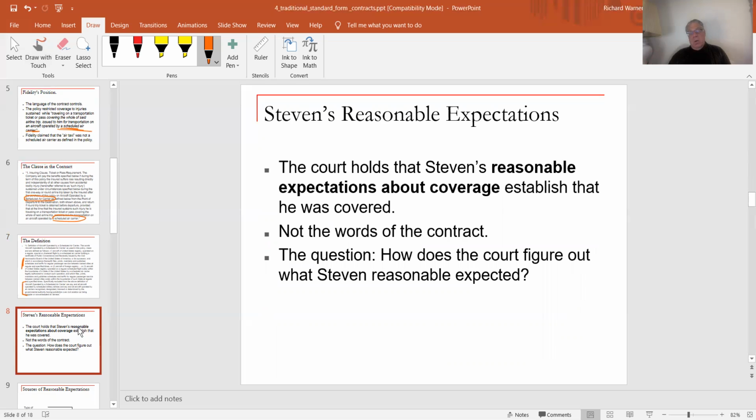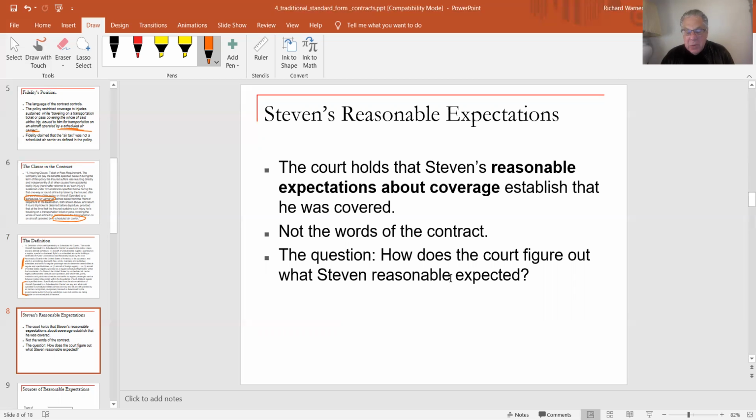The court holds that Stevens' reasonable expectations about coverage established that he was covered, not the words of the contract, not the words we just read. The question is, how does the court figure out what Stevens reasonably expects?